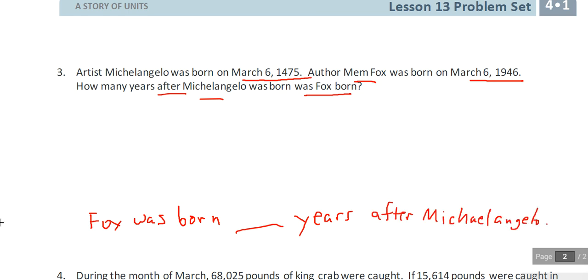Okay. So we'll pump the brakes. We don't know that. We have to find that out. Okay. Well, let's do a little tape diagram here then. Well, let's figure this out.